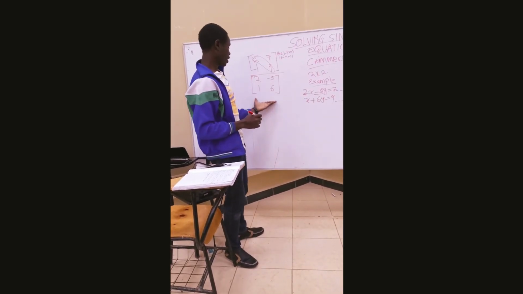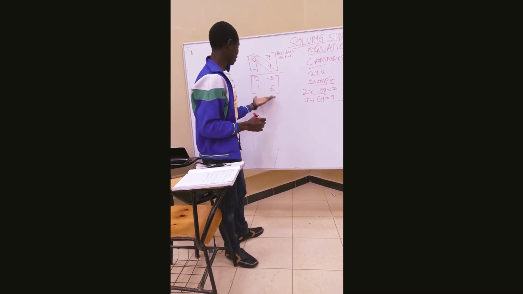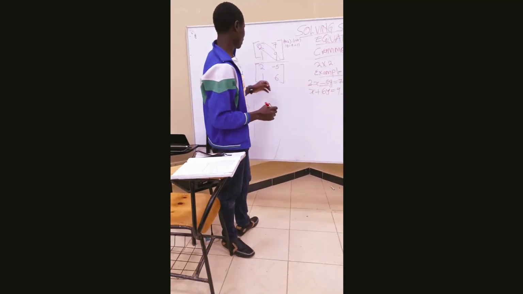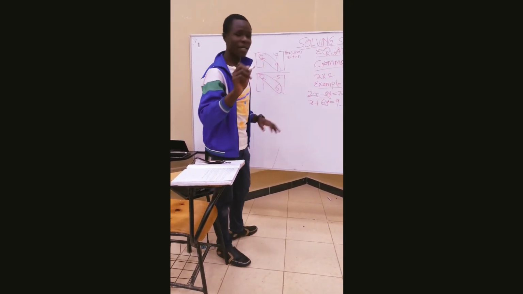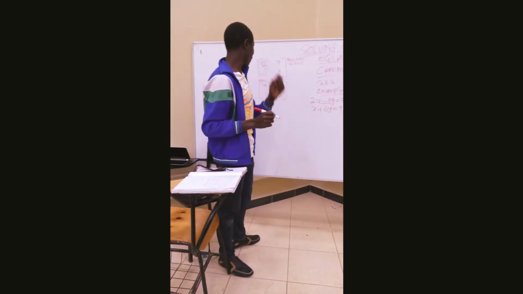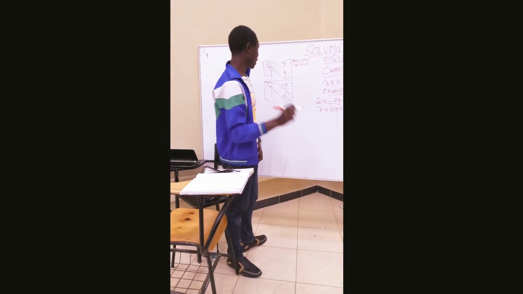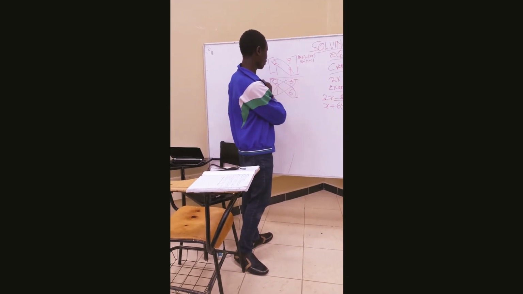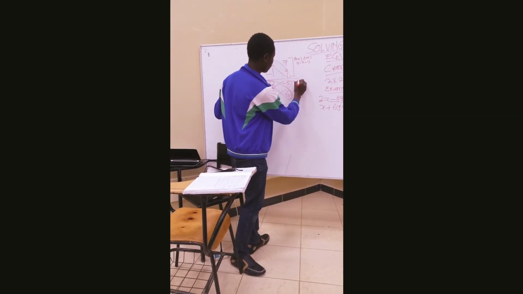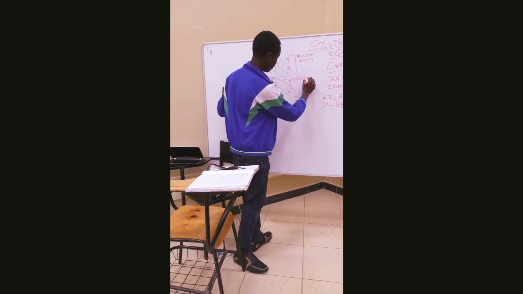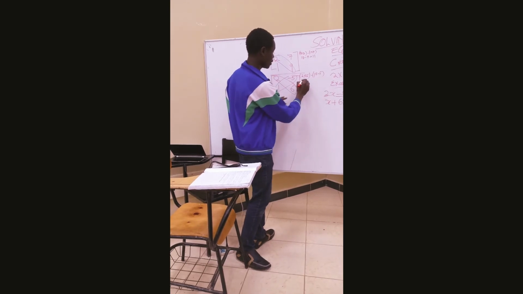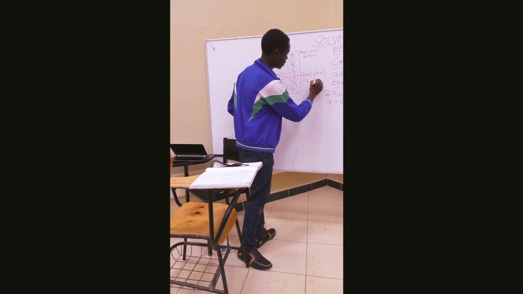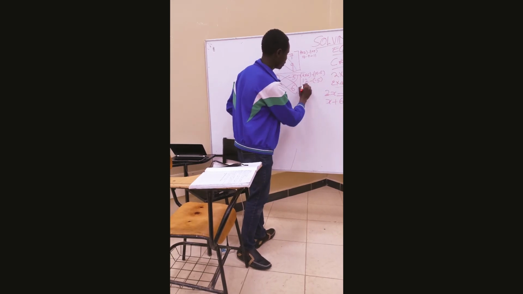So let's get the determinant of the denominator matrix. Always having it in mind that getting a determinant, you take the product of the main diagonal minus the product of the secondary diagonal, which will be 2 multiplied by 6 minus 1 multiplied by negative 5, which is 12 minus negative 5, which is 12 plus 5, which is 17.